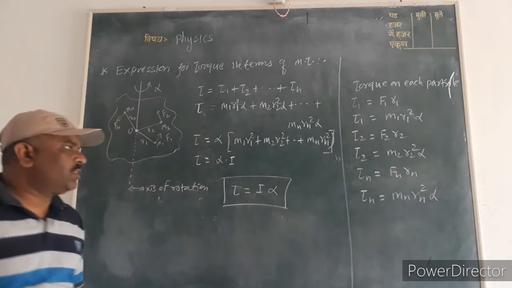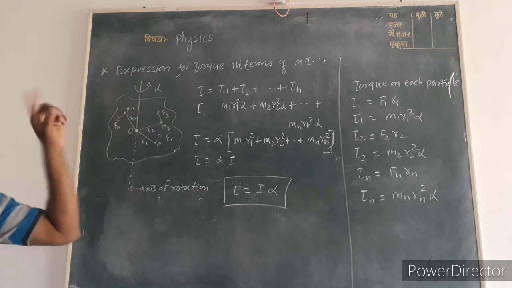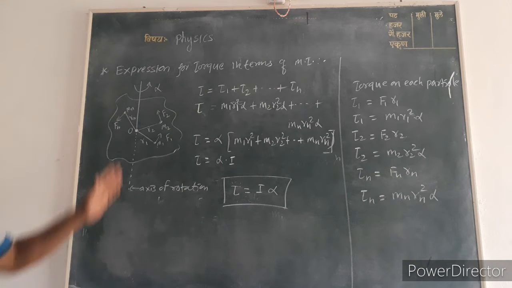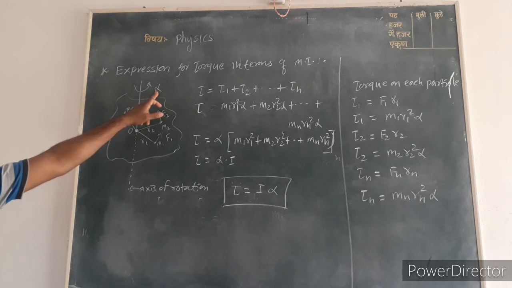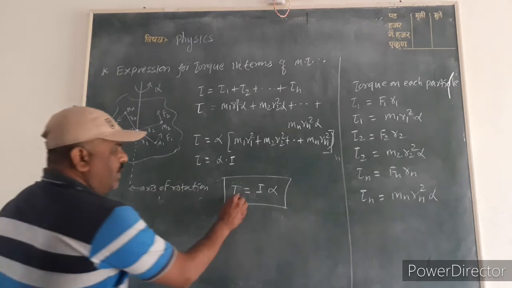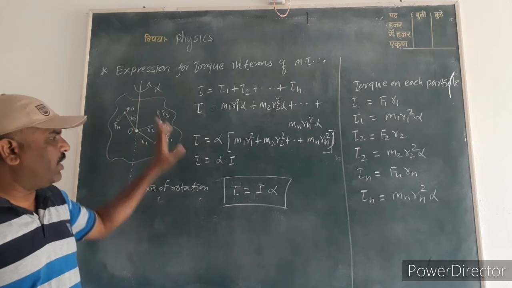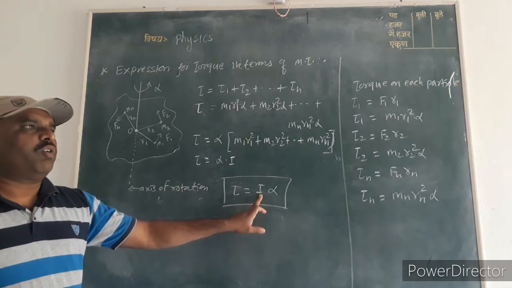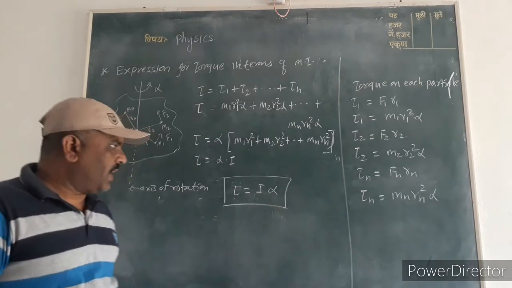This is the expression of torque in terms of moment of inertia when the rigid body rotates about its axis of rotation with constant angular acceleration alpha. τ is equal to I alpha, where τ is the torque acting on the total body, I is the moment of inertia of the body, and alpha is the angular acceleration.